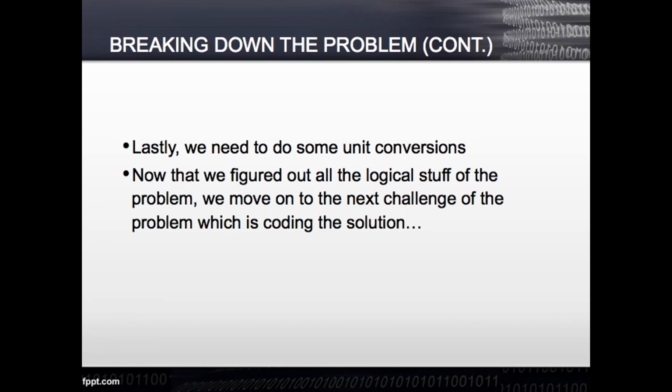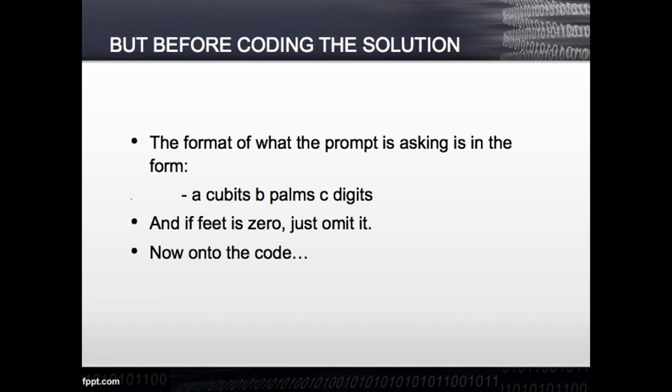Now that we've figured out all the logical parts of the problem, we move on to the next challenge, which is coding the solution. We need to know how the input is formatted. The prompt also asks us to round meters to 3 decimal places, and round inches to 2 decimal places.